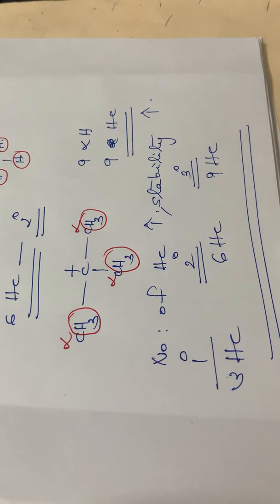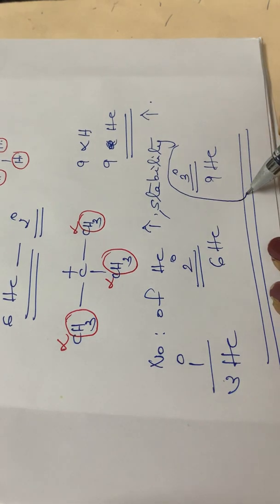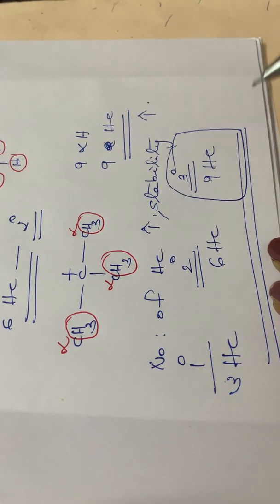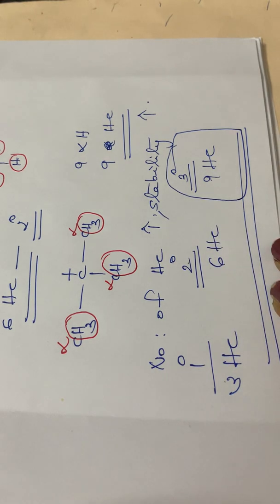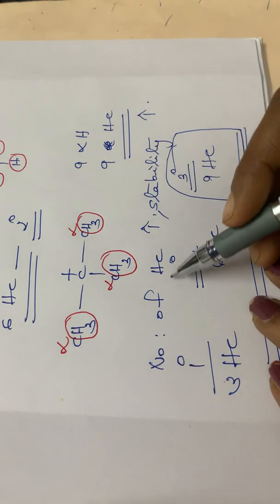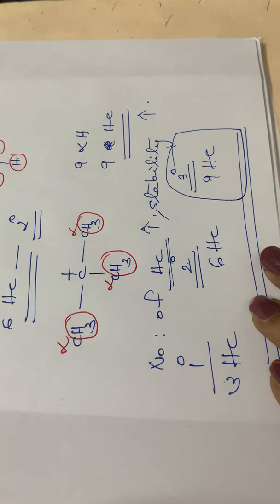So from this we can explain the stability. Which one will be more stable? A tertiary carbocation will be more stable compared with a primary as well as a secondary carbocation. That is, tertiary will have 9 hyperconjugative structures. So as the number of hyperconjugative structures increases, the stability also increases.